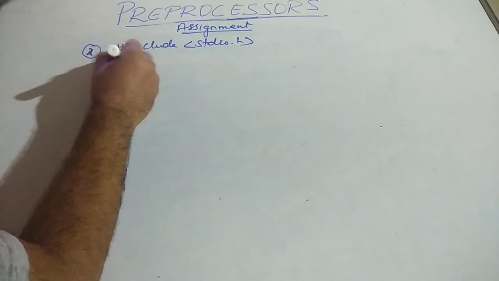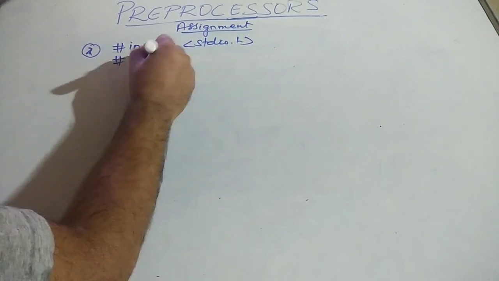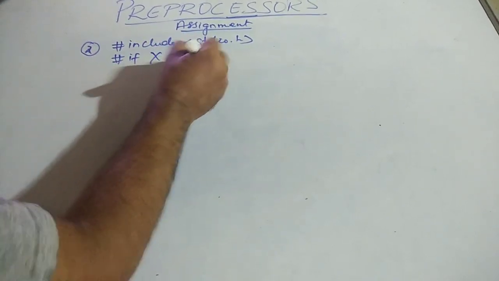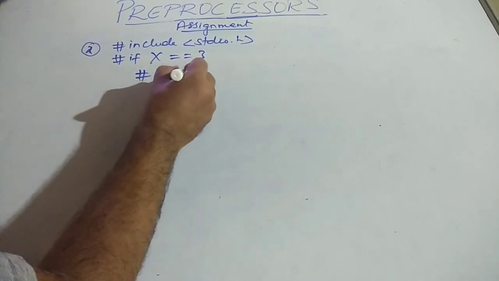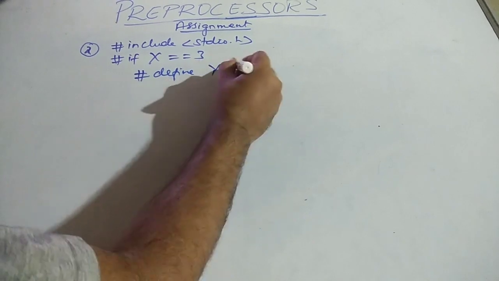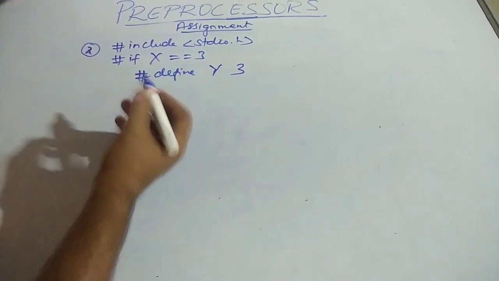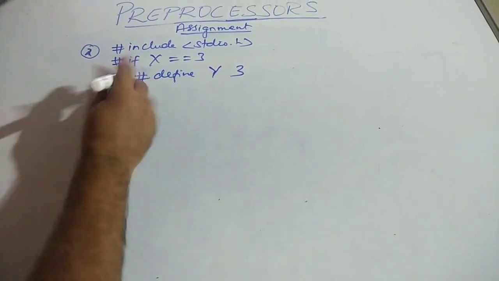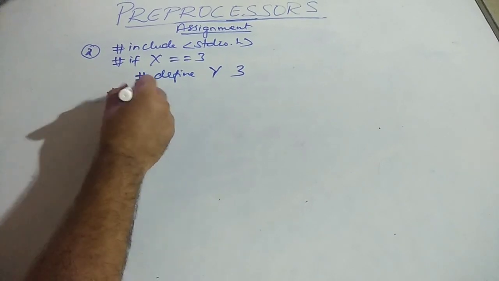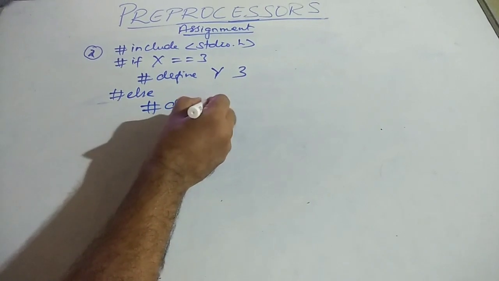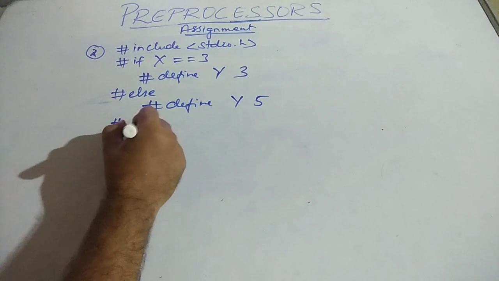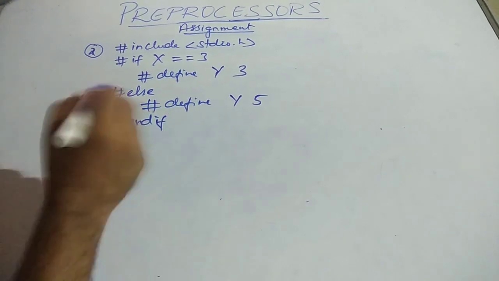Second, hash if x is equal to 3, then hash define y as 3. Is it clear? If not, go for the else part. Else define y as 5 and end if.